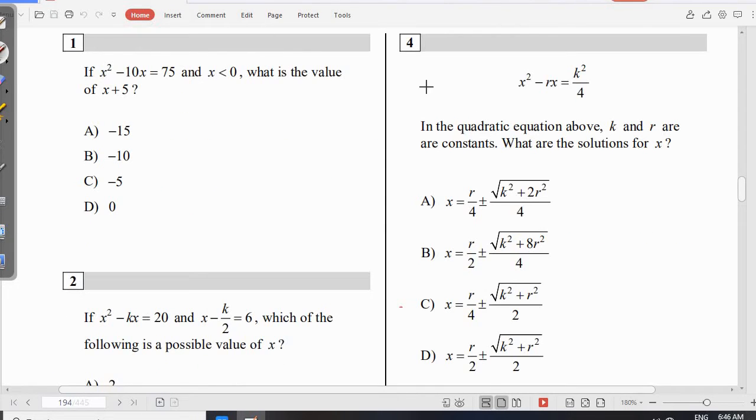So this question here, x squared minus arrow x equal to k squared over 4. So if you want to solve this by the completing the square method, which is quite a simple way of solving this, half of the coefficient of x is arrow over 2.